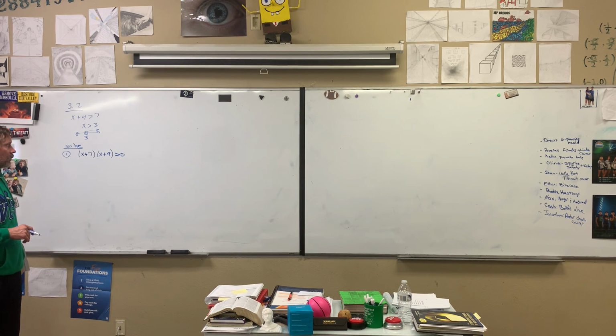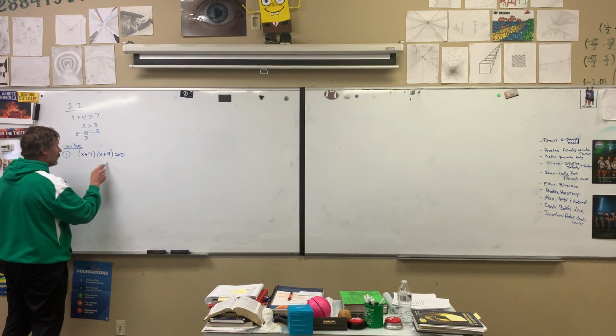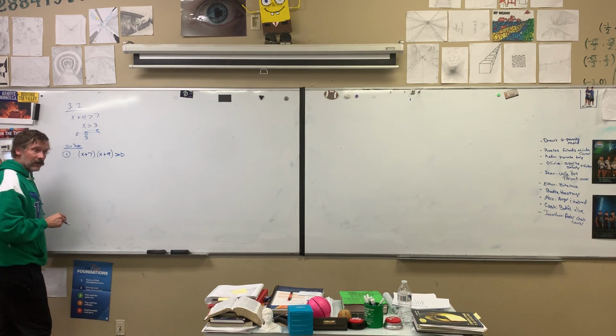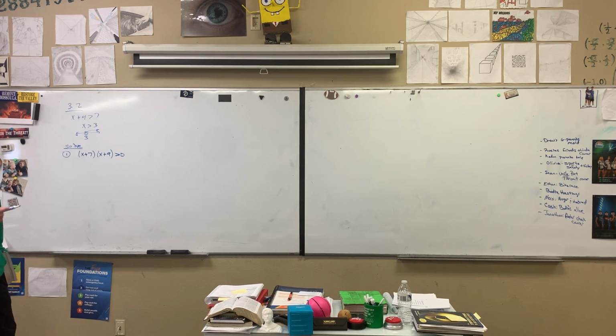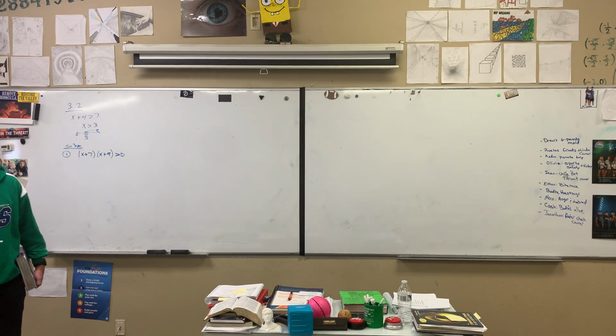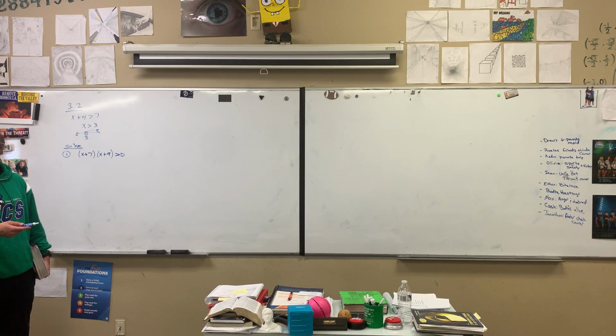What we are curious about is where our left-hand side is going to be greater than 0. When anything is greater than 0, it means we have positive values. So what values of x can I plug in and get out positive values?